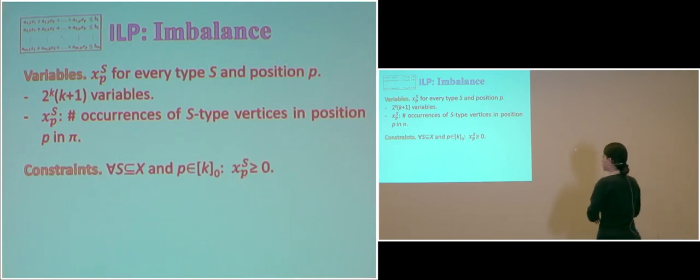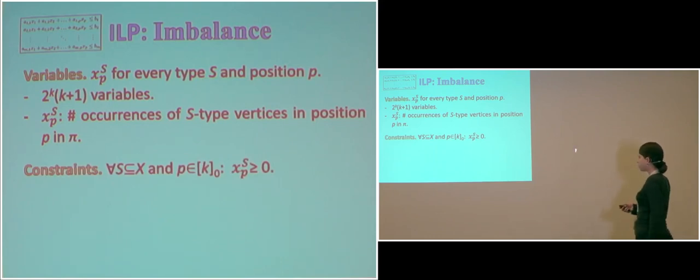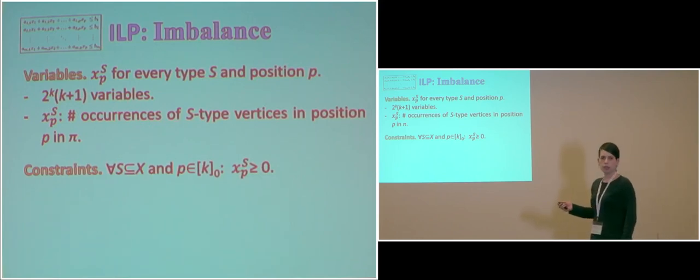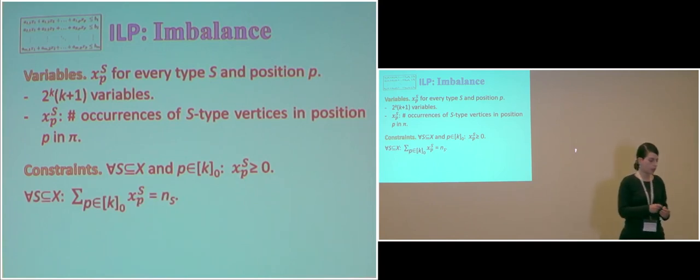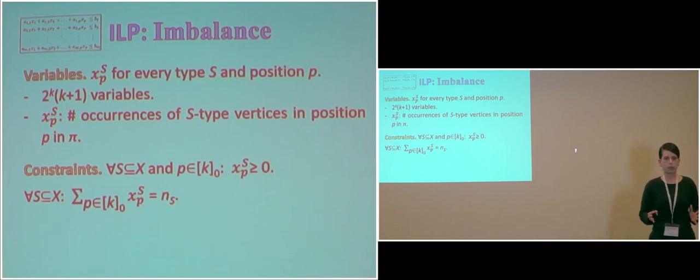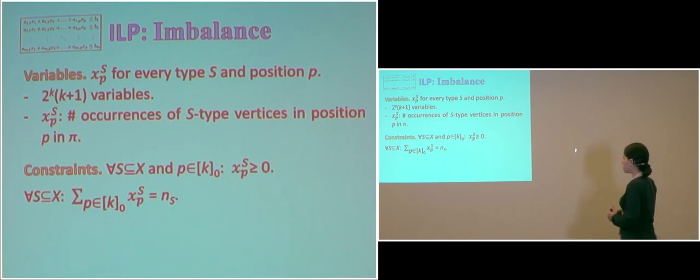So what are the constraints that we are going to have? First of all, our variables should be non-negative. Second thing is, just like previously we ensured that we used a certain type of columns exactly the number of times that we have it, here we also need to ensure it for the vertices. How many times did we use vertices of type S?